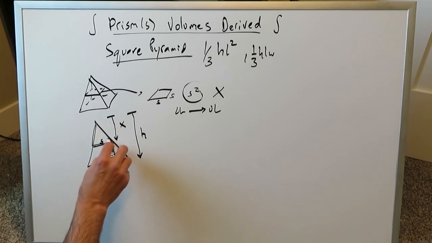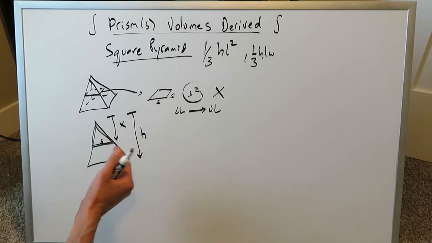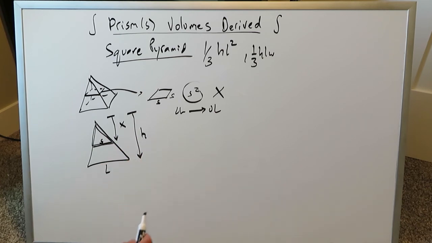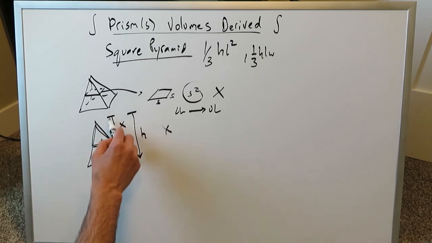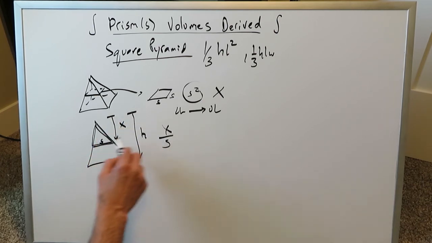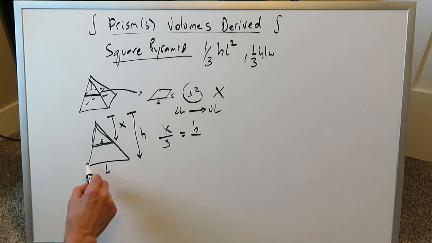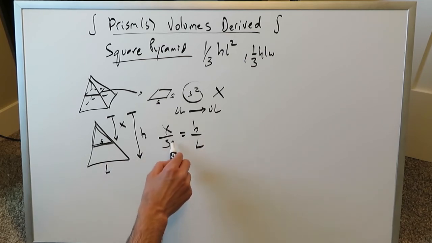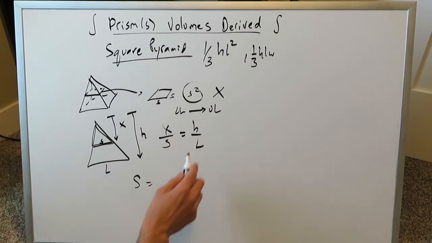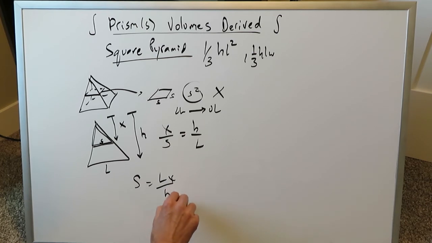Here's my small triangle and my large triangle, they're similar triangles. By using the properties of similar triangles, you can come up with the following ratio. This height distance divided by its corresponding side is equal to this total height divided by its corresponding side, L. You're solving here for S. S is equal to Lx over H.